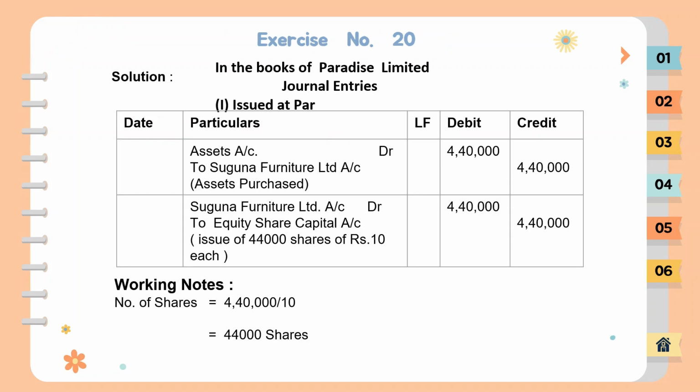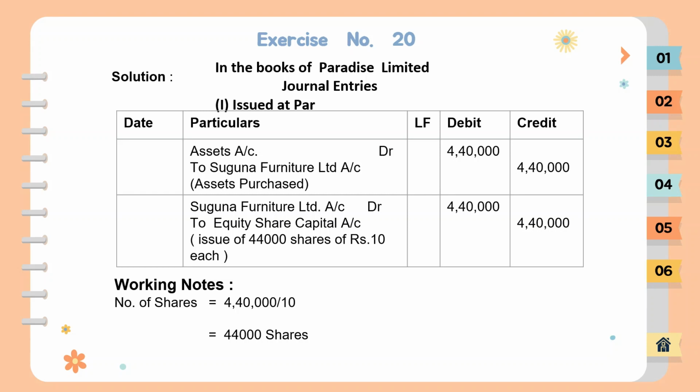First, you have to pass an entry for the purchase of the asset. Here they have given the asset only. So the assets account is debited, and from whom we are buying, Suguna Furniture Limited, you credit their name. The next entry, we are going to pay them in shares. So Suguna Furniture Limited you debit, and then equity share capital you credit.